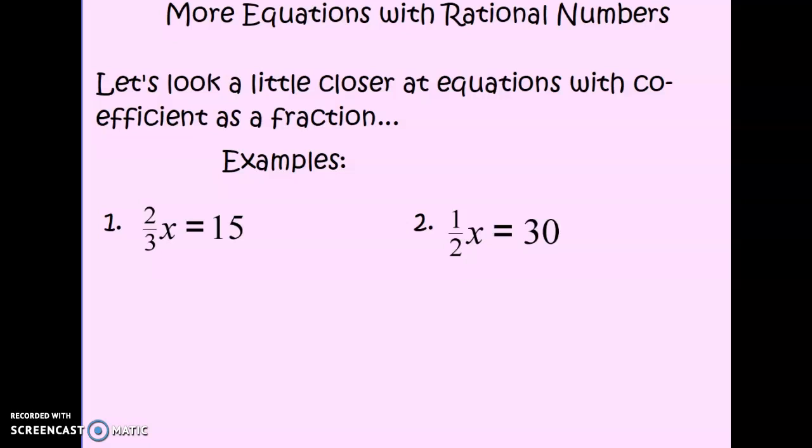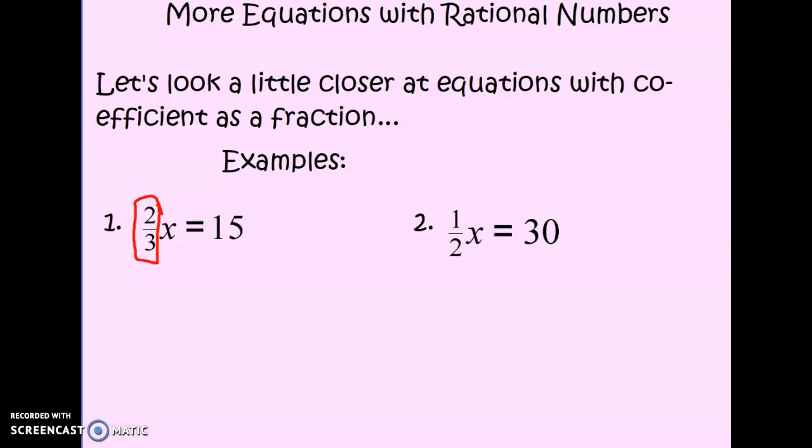Okay, so to solve this, remember 2/3 is being multiplied by x, so we would have to divide by 2/3. Remember, when we divide by a fraction, we have to do the keep change reciprocal. So to save us a little bit of time, if we have a coefficient that is a fraction, instead of having to set it up with division, change it to multiply, we can simply go ahead and multiply by the reciprocal.